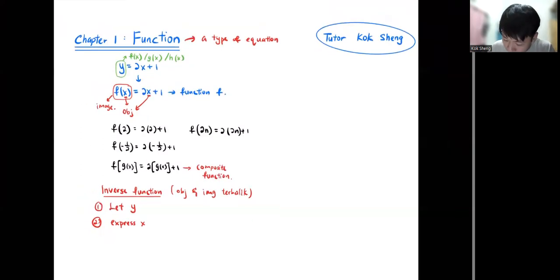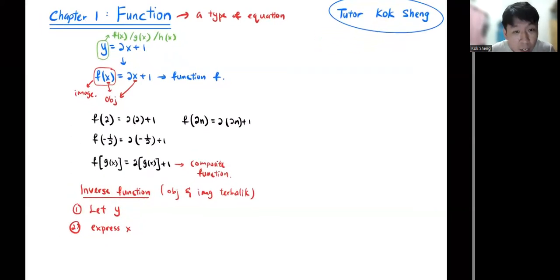So I write the example here to let you see. Let's say I need to find the inverse of this function f. Okay, this is my function f. If I need to find the inverse for this, first step here, let y.